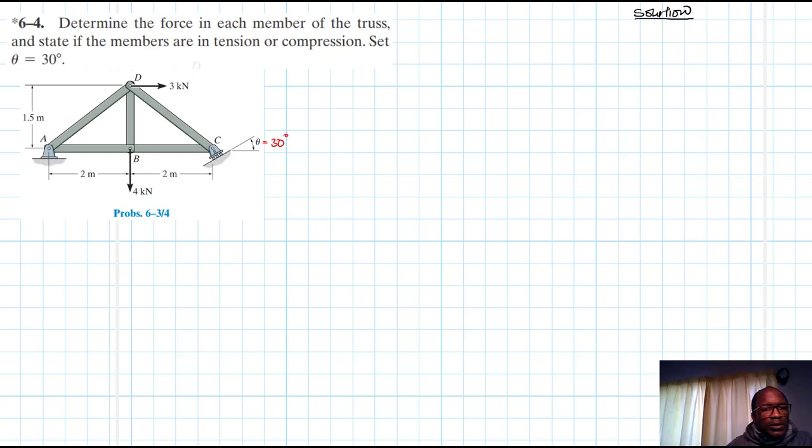Okay, so let's draw the free body diagram. At the roller C, we expect a reaction force in this direction, perpendicular to the surface where the roller is resting. We are calling it C. And then we are going to have two components from this. We're going to have a vertical component. This angle here is theta, which is just 30 degrees.